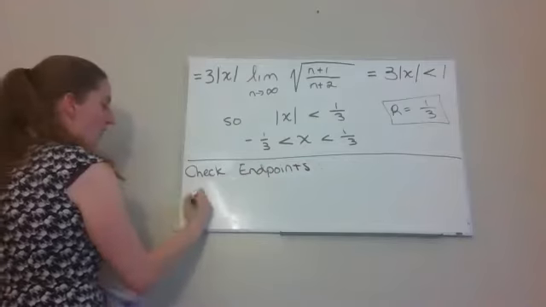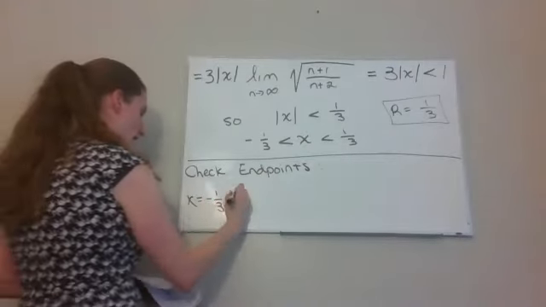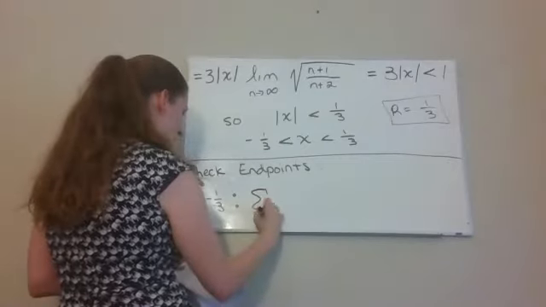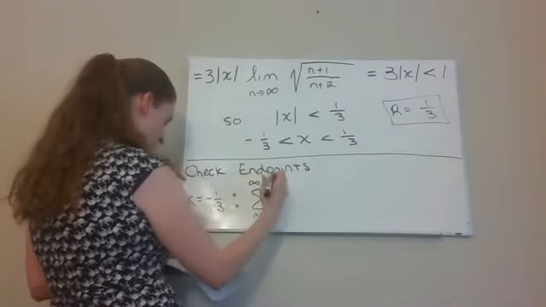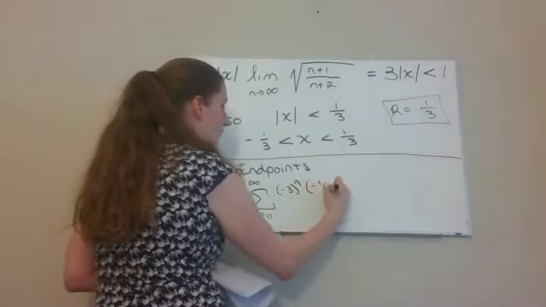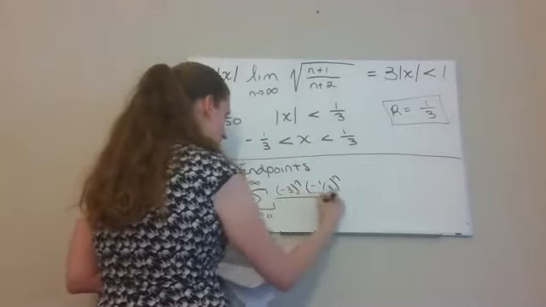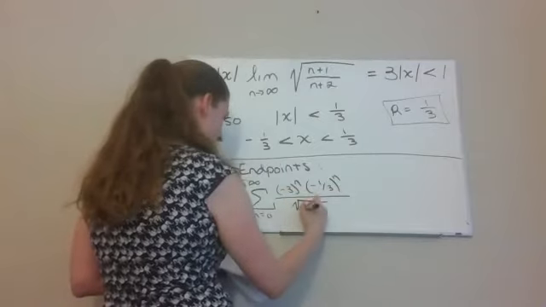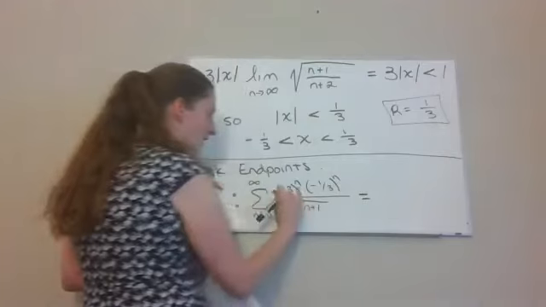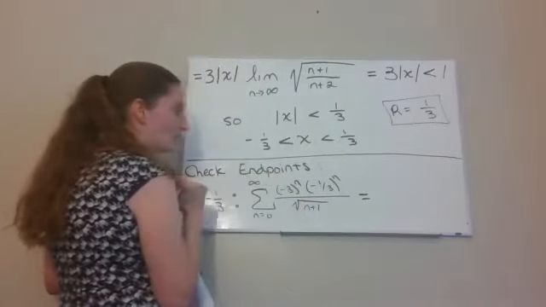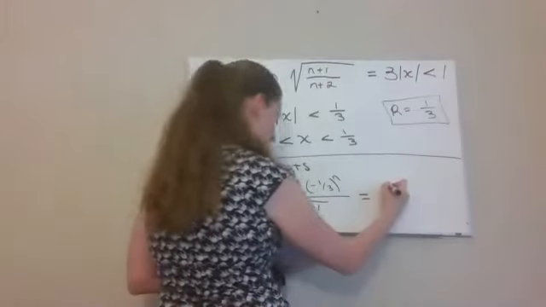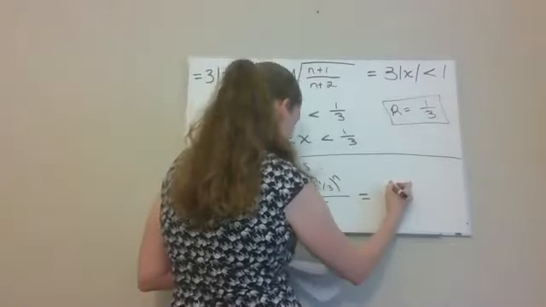If I use x as negative 1/3 and plug that into my original series, I'm going to have a negative 3 to the n and a negative 1/3 to the n, all over a square root of n plus 1. When I simplify this, negative 3 to the n times negative 1/3 to the n is a positive 1 to the n, or just a 1.